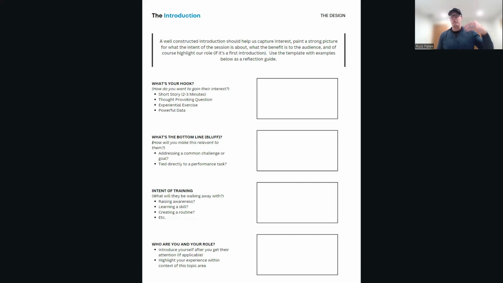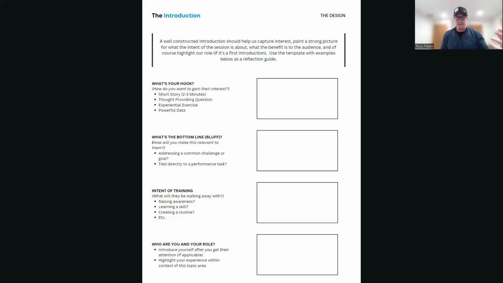All right, we're here to address this today. This is the goal. Whether that's directly related to some performance task or just a common challenge to the experience, it needs to be tied into something that's relevant to them. And the intent of the training really complements that. If you want to think of it as one and the same, you can. I separate them just because, in my mind, that's how it works.